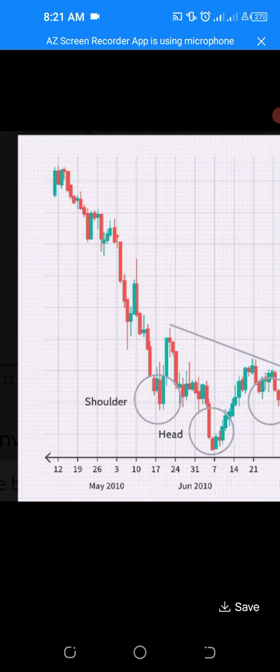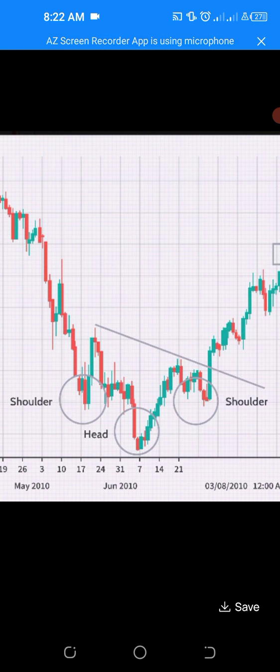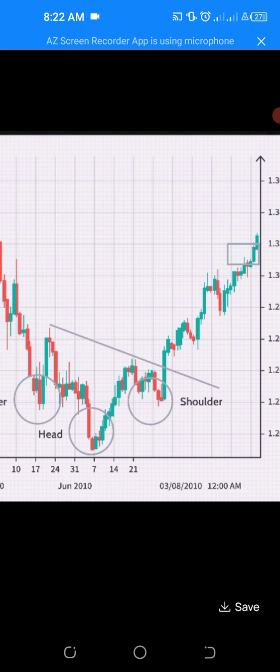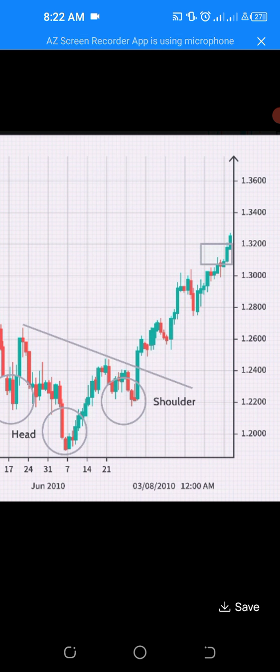As you can see here, from the left-hand side, you see a downward trend. Then it formed a shoulder. It went back to form the head, then formed the shoulder, which confirms the fact that the trend has reversed. And therefore, at this point, you can take a buy position, and surely you are going to make huge profit.